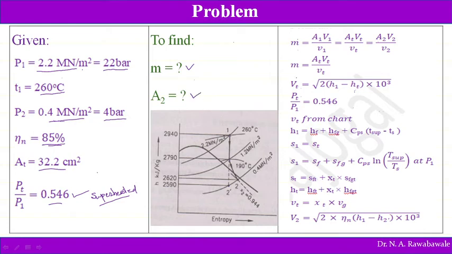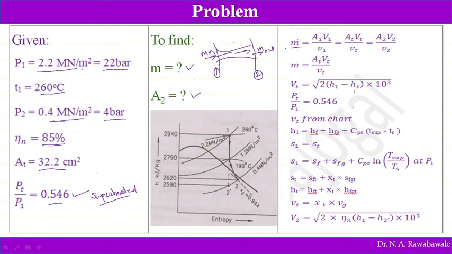Now to find the mass of steam, we use the continuity equation. Say for example there is one nozzle and steam passes through it: steam enters at inlet and comes out at exit at 2. So the mass of steam entering at inlet, m in, is equal to m out. Whatever mass of steam in kg per second enters into this nozzle, the same mass comes out.